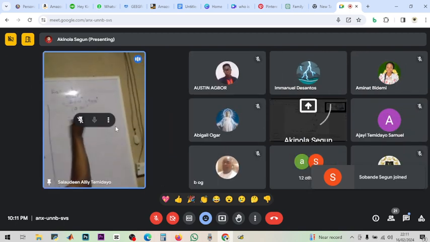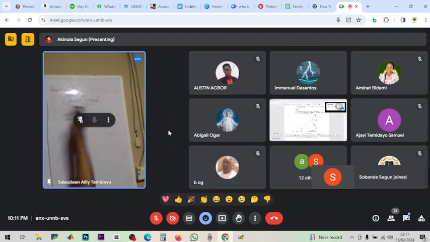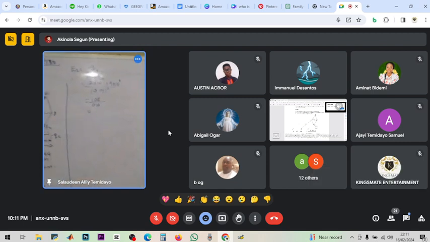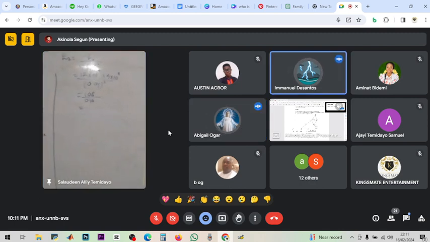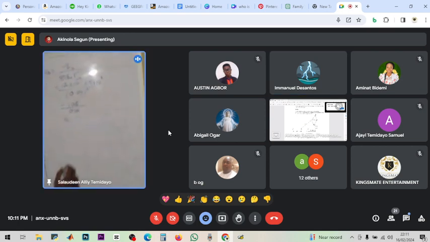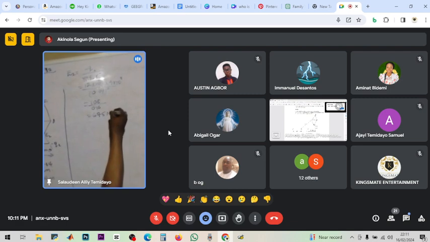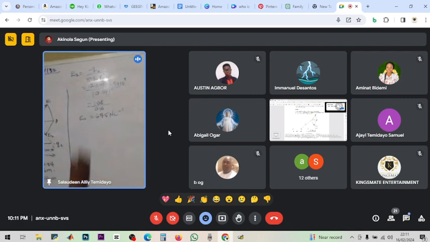So this is going to be 108 over 0.04 squared, which is 0.16. 108 over 0.16 is what? 675 newtons per coulomb. So this is E2.